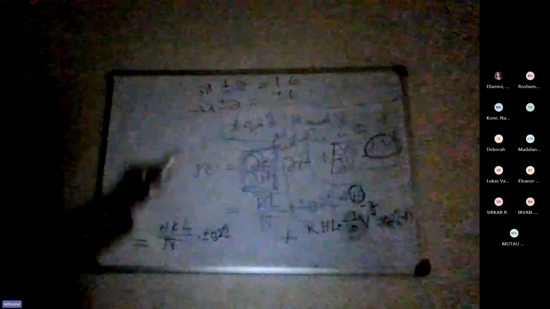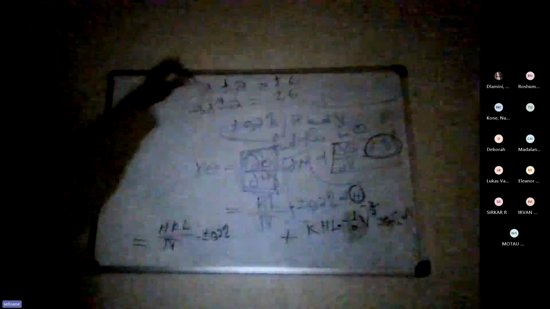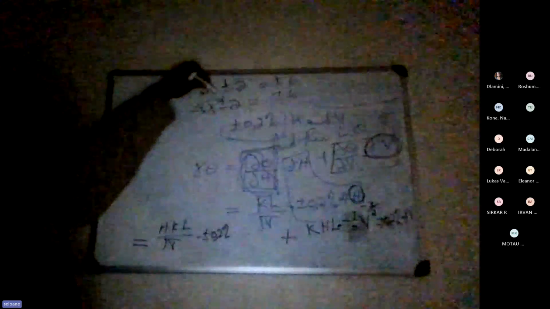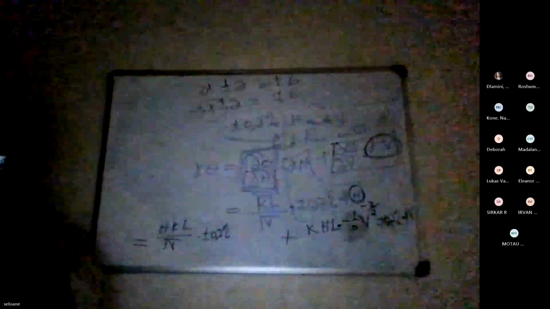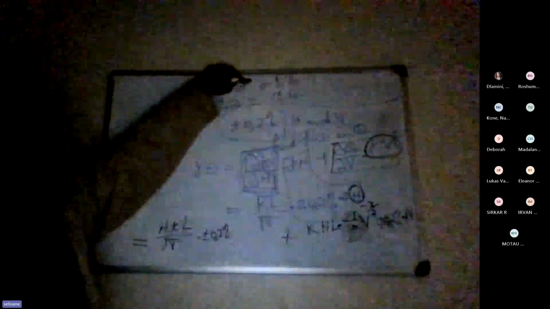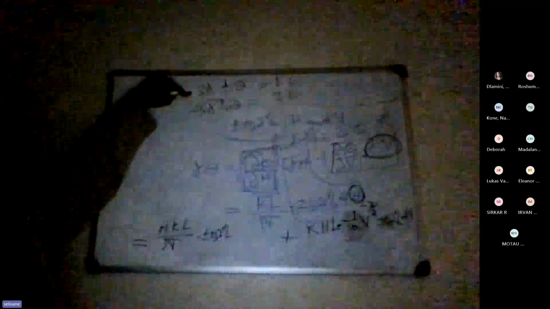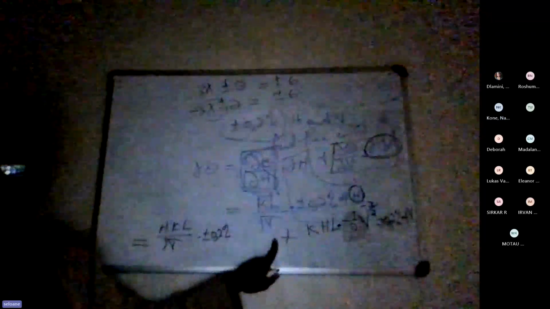Because negative 3 multiplied by positive 2 is going to give you negative 6, and negative 3 multiplied by negative 2 is going to give you plus. So it doesn't matter what the sign before the 3 is, as long as you are multiplying it by plus or minus. So what we are going to do here, we are now going to take this minus half. We are not going to take the minus half outside.